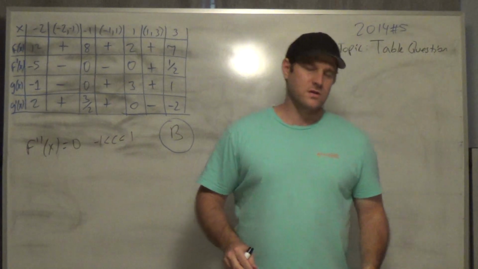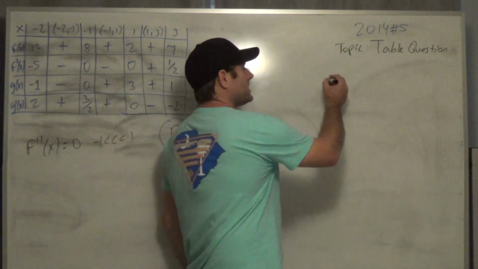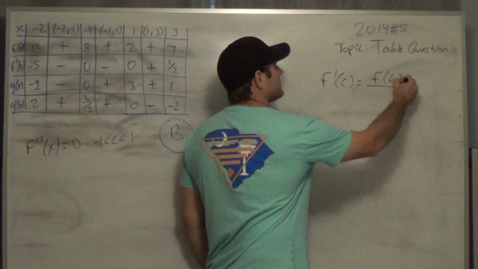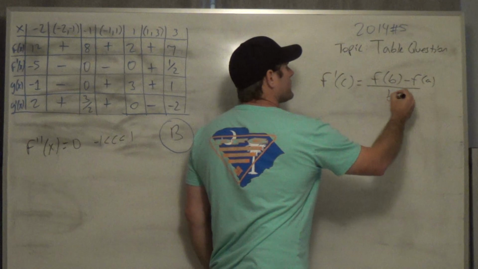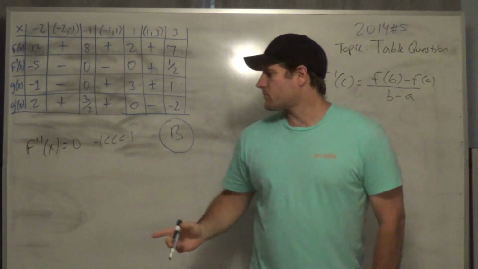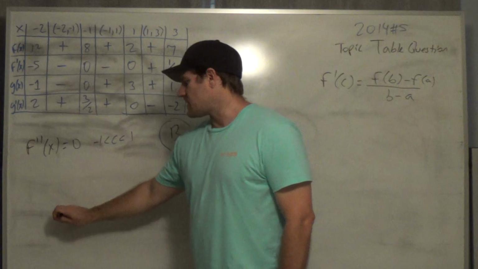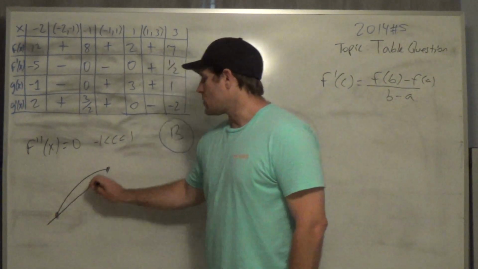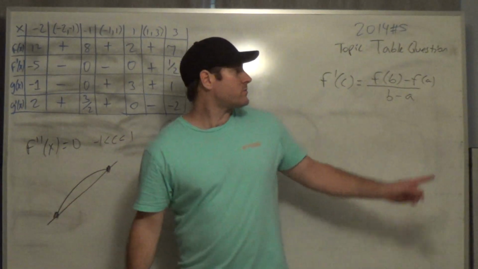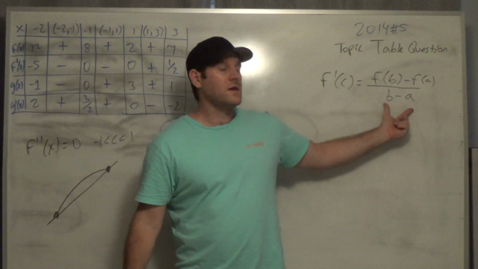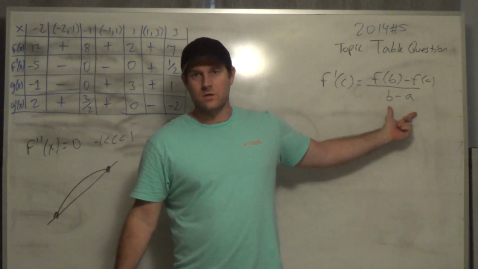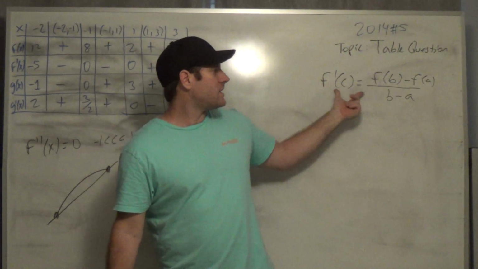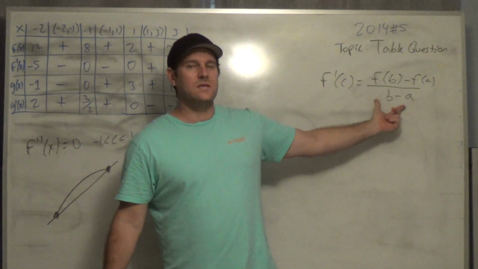So let's look at the mean value theorem. The mean value theorem says f prime C equals f of B minus f of A over B minus A. If you just watched the previous video, the mean value theorem basically states that if you have some sort of closed interval, if you can find the slope through the endpoints, that's the old school slope through 2 points, the mean value theorem, if the function is differentiable and continuous, guarantees that f prime C, the slope of the tangent line, will equal the slope through the endpoints.